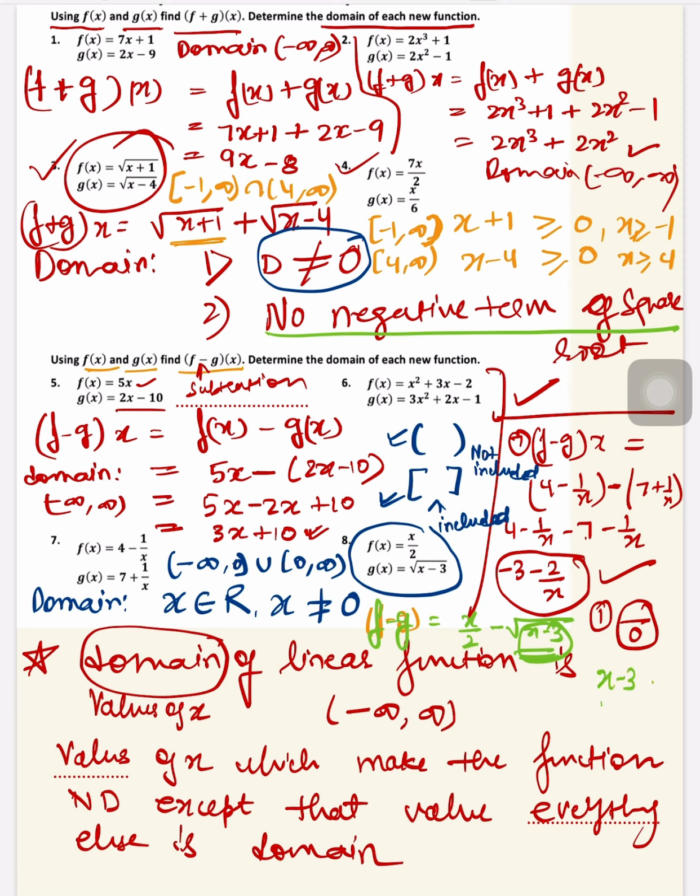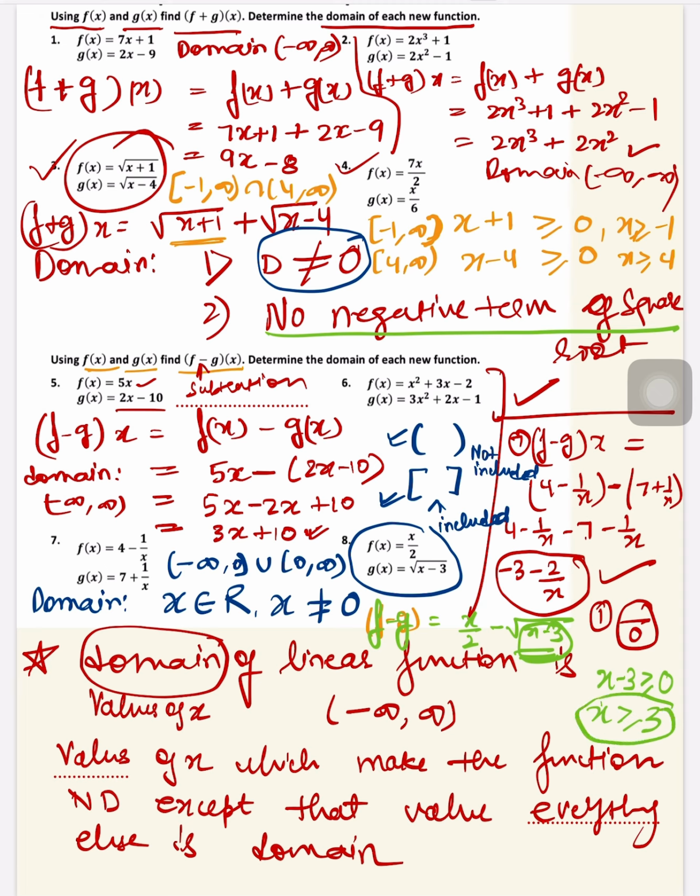Positive means x minus 3 should be greater than or equal to 0. As I told you, it can be 0 inside the square root, it can be positive. Positive or 0 gives you a real answer, but negative gives you not defined. So x minus 3, because that's the term inside the square root, should be greater than or equal to 0. So x should be greater than or equal to 3.